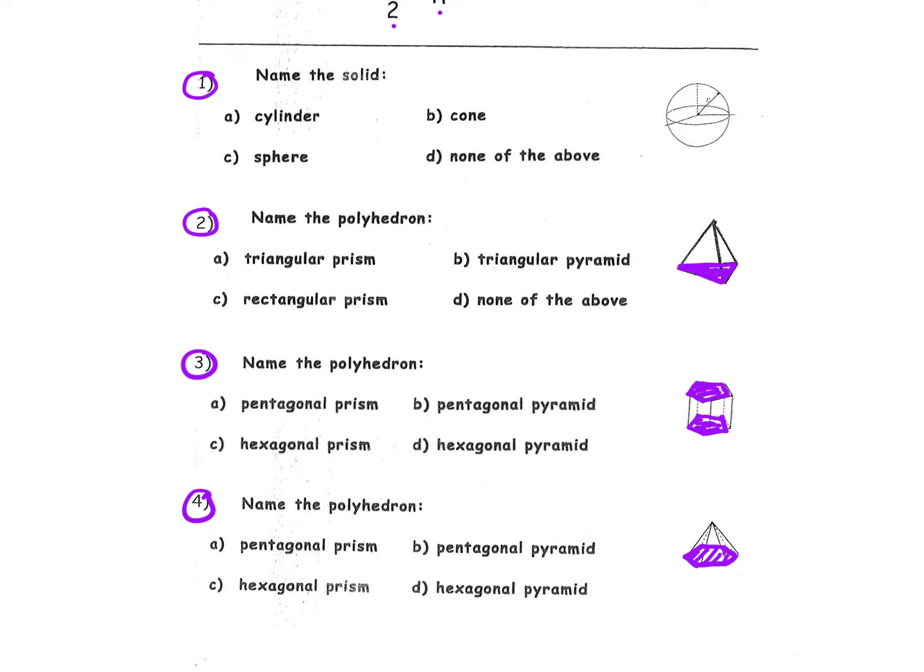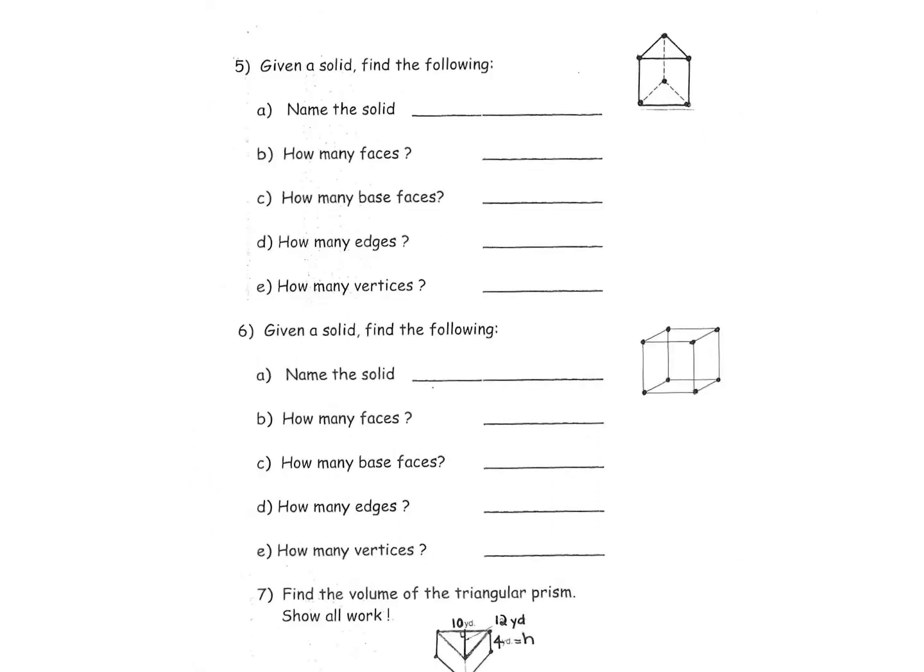Let's take a look at page 2. On this page, you will be identifying the parts of a solid and counting them up. It states, given the solid, name the solid, determine how many faces, how many base faces, how many edges, and how many vertices.